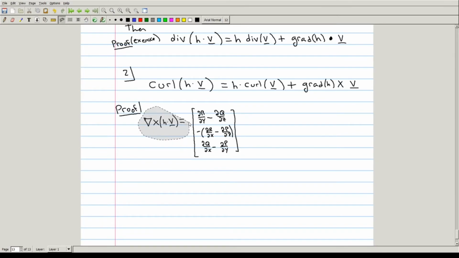In this example, the curl is of the vector field F equal to H times V, or HV1, HV2, HV3.